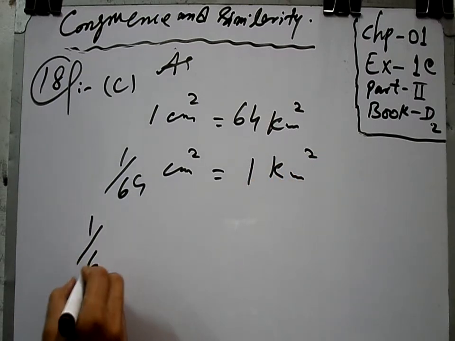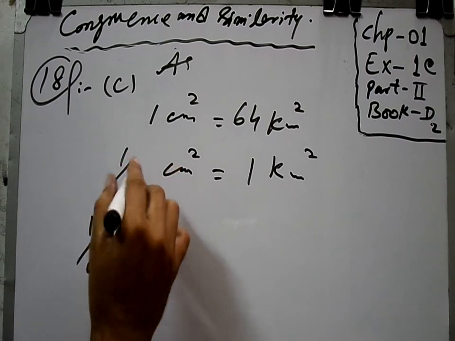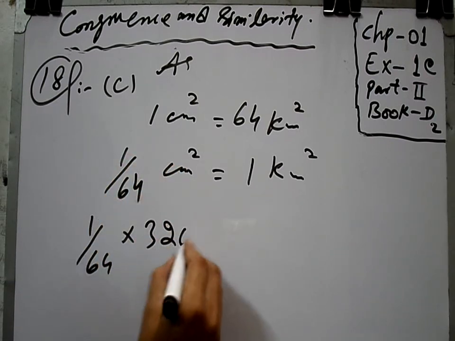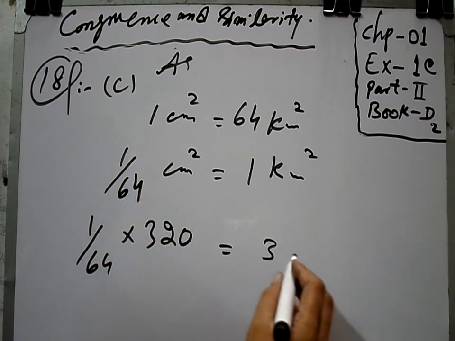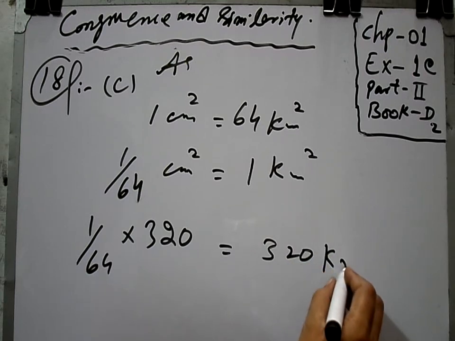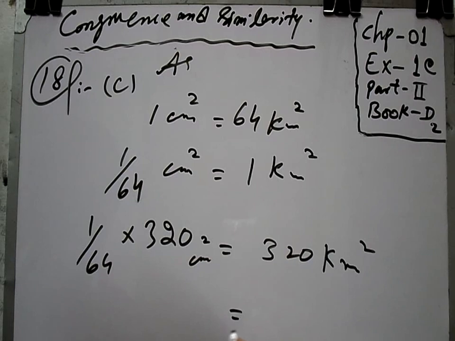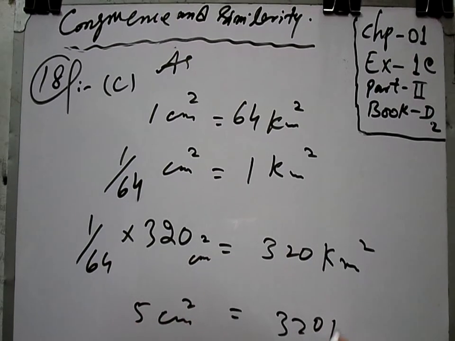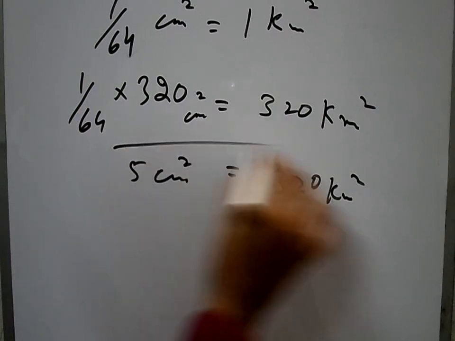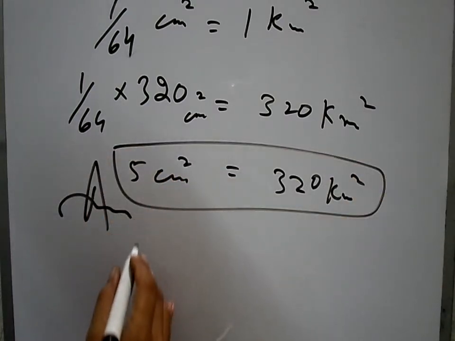So 1 by 64 multiplied by 320, after simplification you will get 5 centimeter square represent 320 kilometer square area. So that is your result.